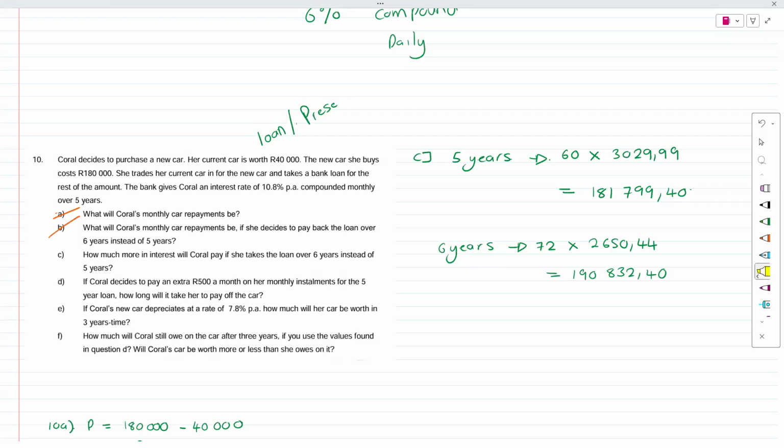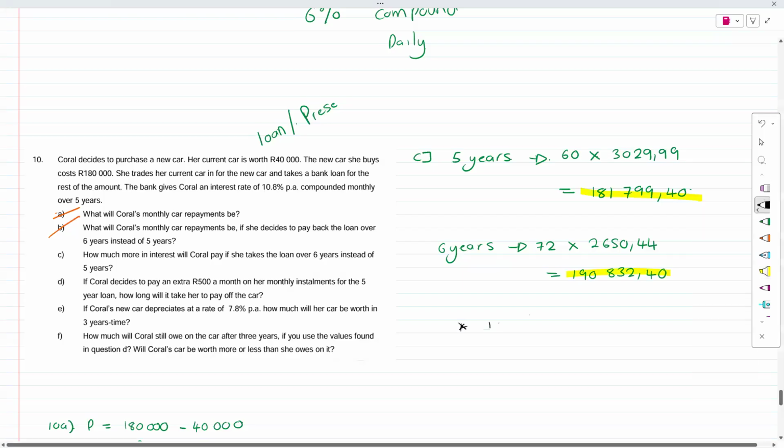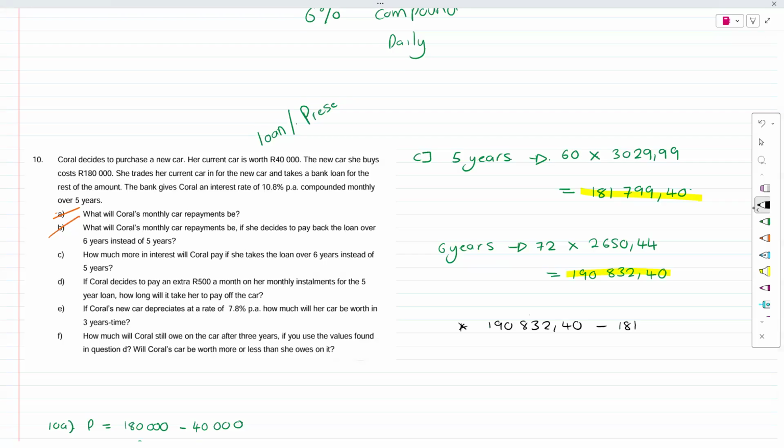Now we got the 6 years, we got the 5 years, so let's go with 190,000 some change minus 181,799.40, and she only pays about 9,000 rand extra in interest. I mean, that's not too bad, to be honest, but this is extra interest.